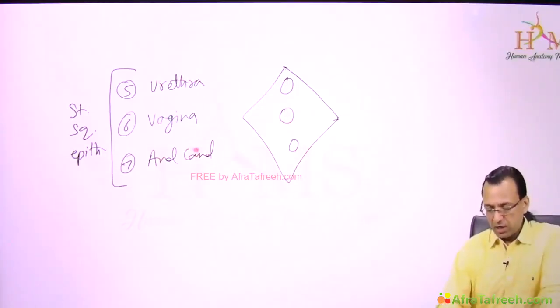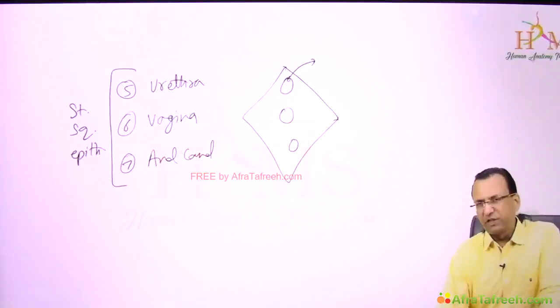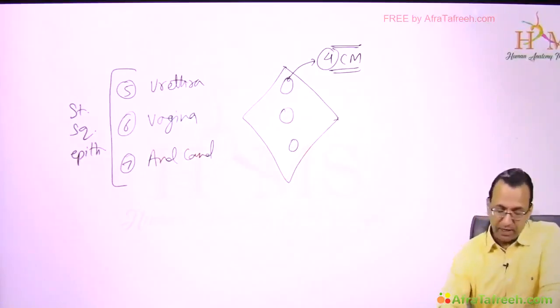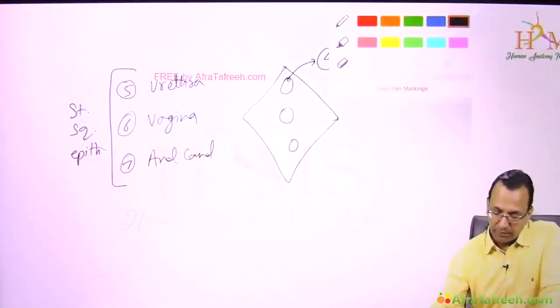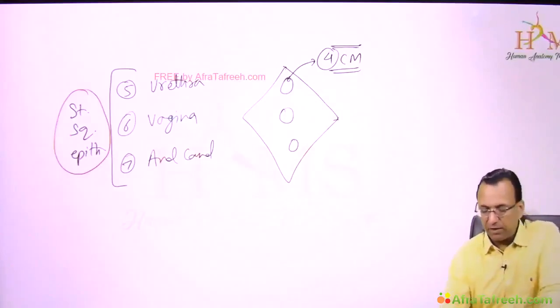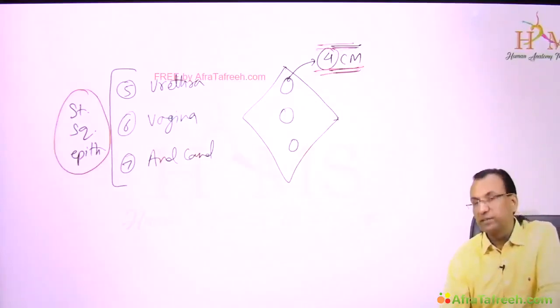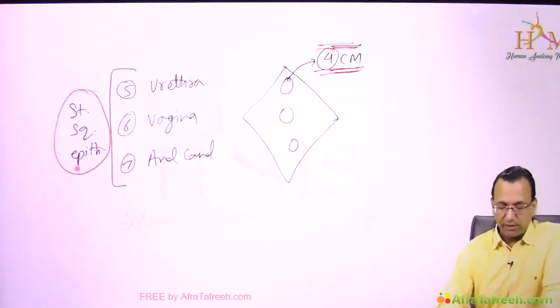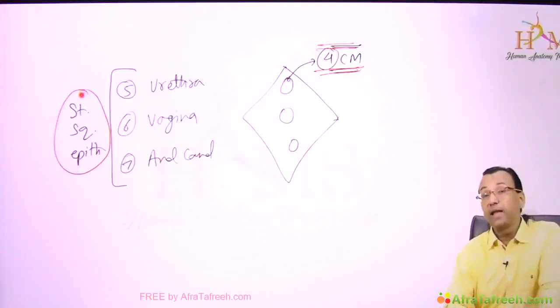And what is most posterior? Anal canal. Now understand, the urethra, especially the female urethra, which is only 4 centimeter in length, is almost entirely lined by stratified squamous epithelium. But this will not be happening in the male urethra.